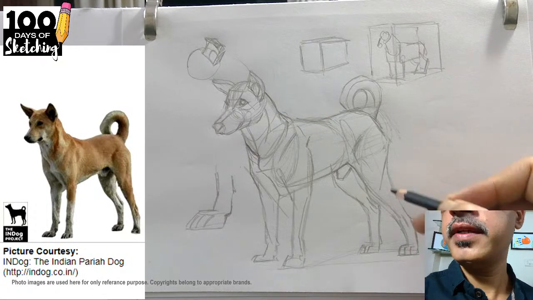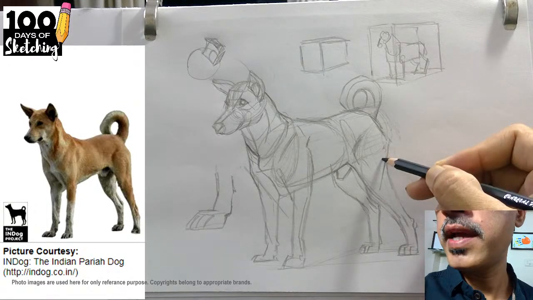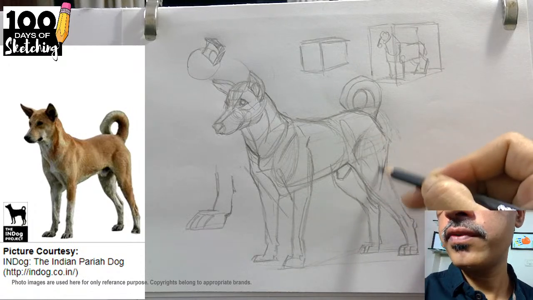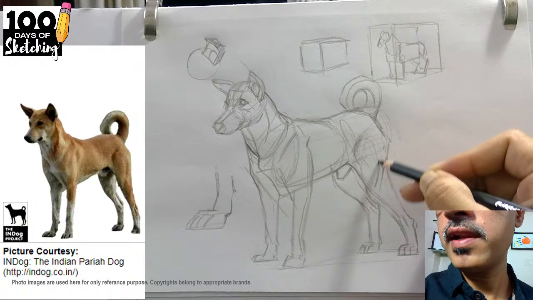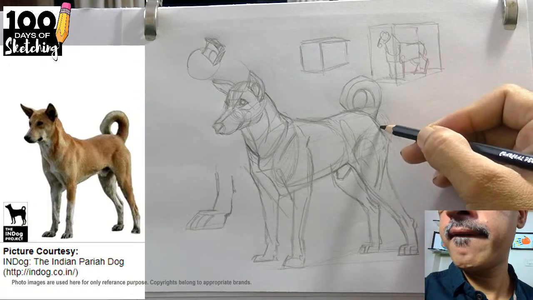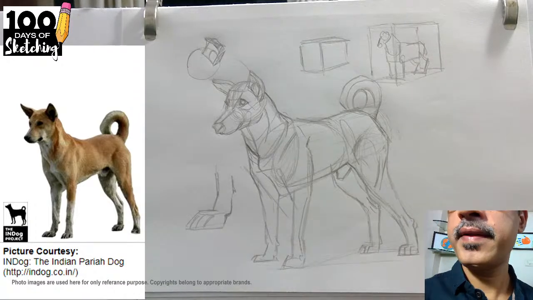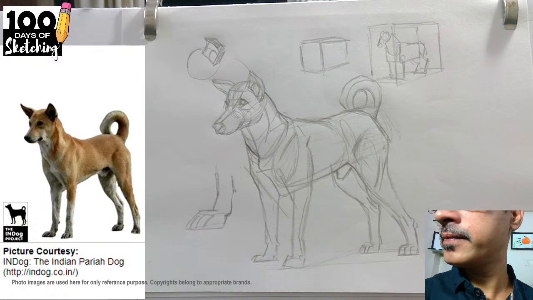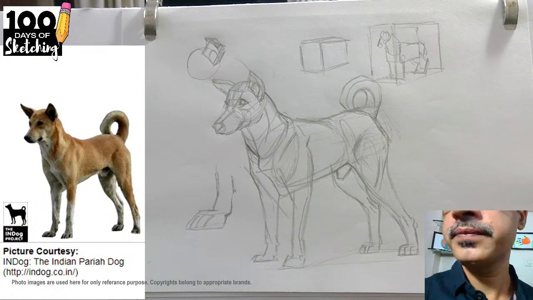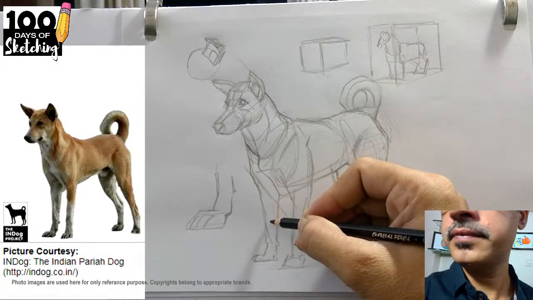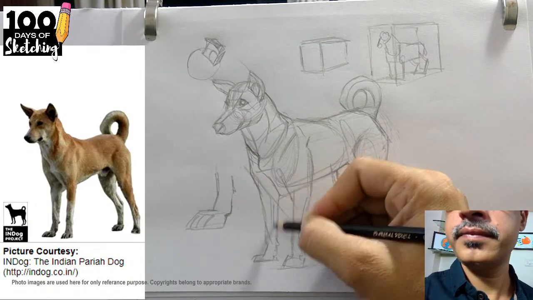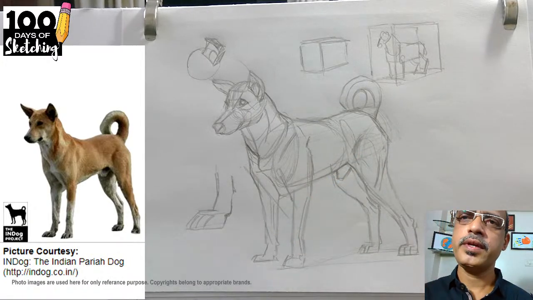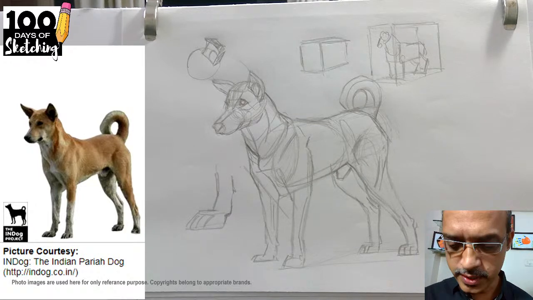I can see this line, this is something, one muscle sort of line is here. Yes, I guess the dimensions are mostly done. I'll just finalize some of the lines.